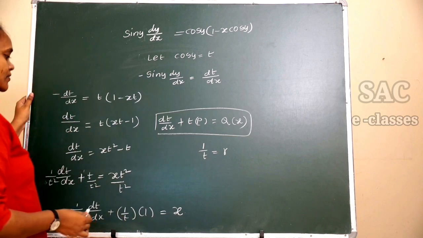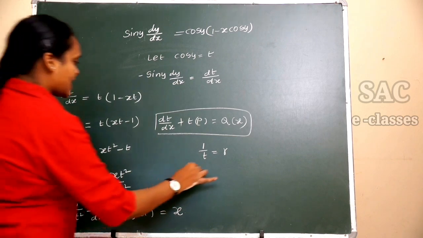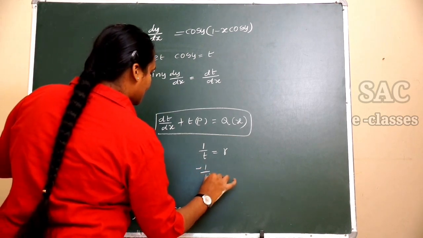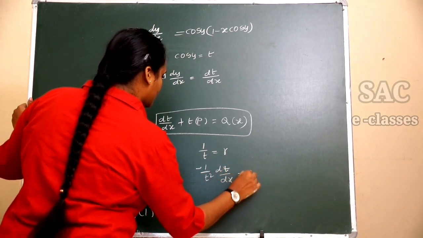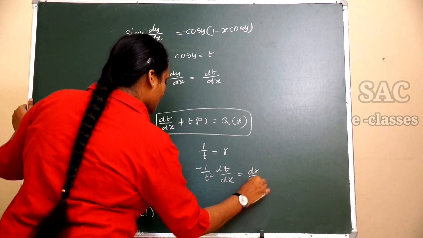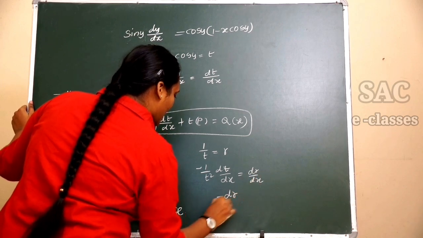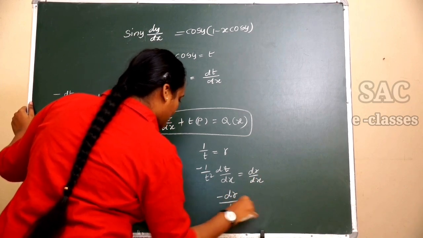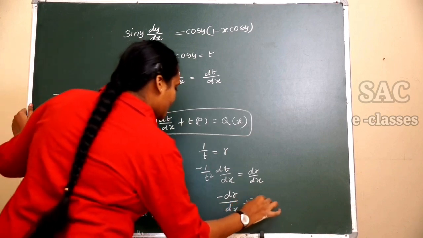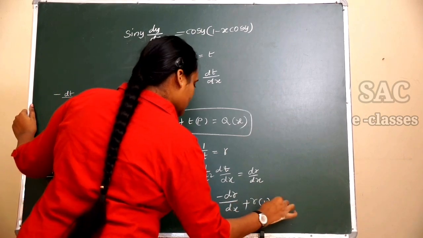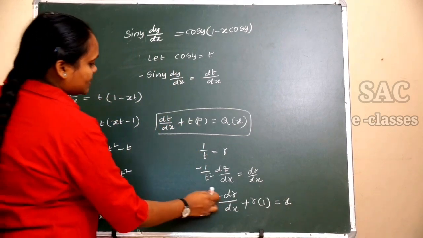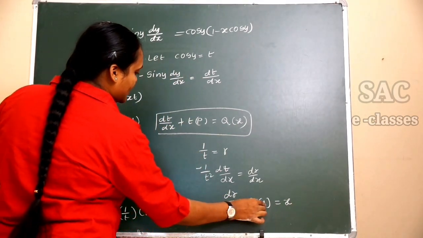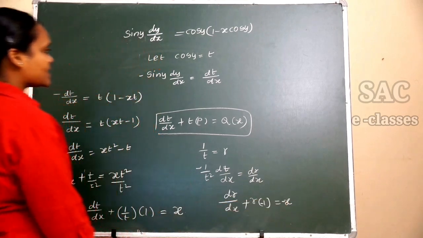Differentiate with respect to x on both sides. Minus 1 by t square dt by dx is equal to dr by dx. So it was converted as minus dr by dx plus r into 1 is equal to x. To neglect this minus symbol, let me write it as minus 1 and minus x.